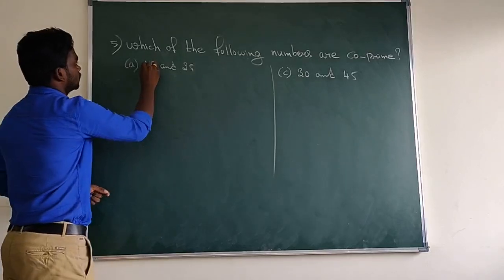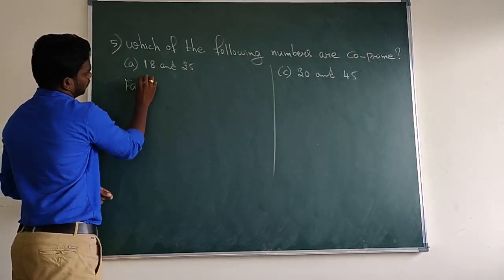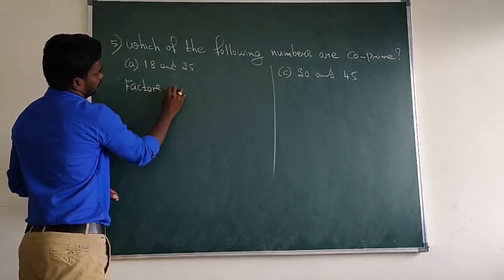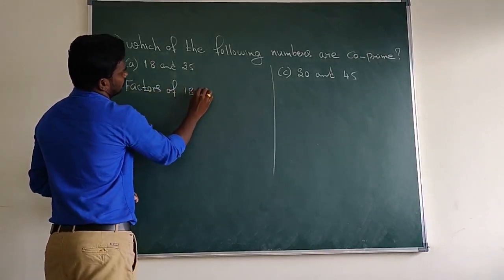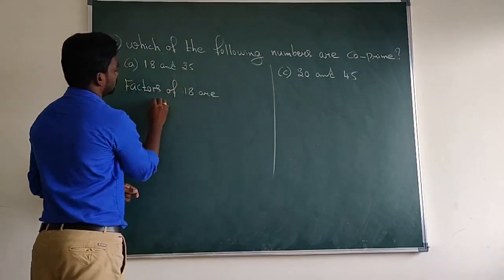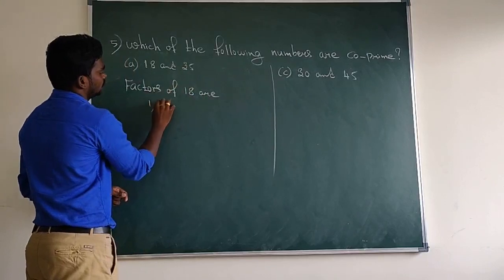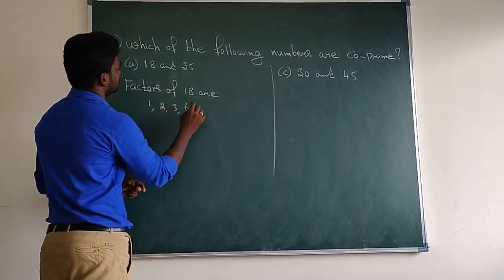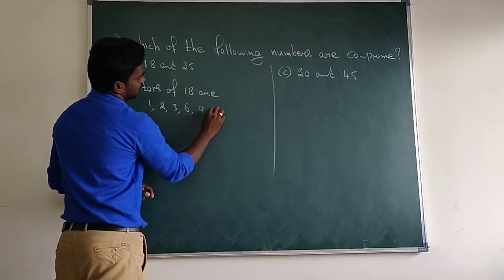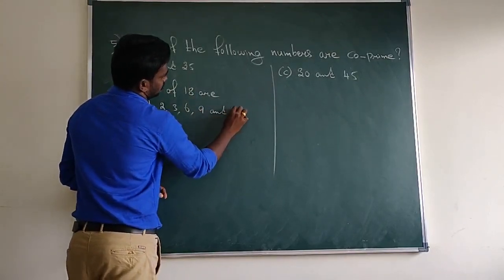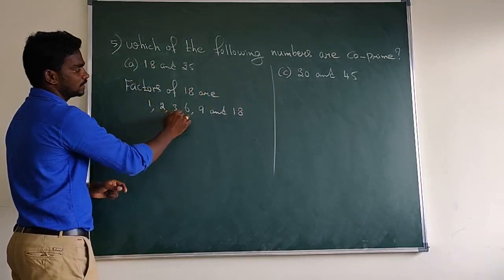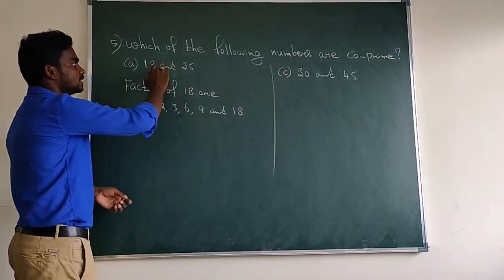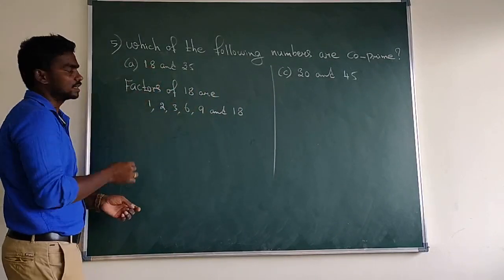So listen. Factors of 18 are 1, 2, 3, 6, 9 and 18. That means the factors of 18 means divisors of 18, right?